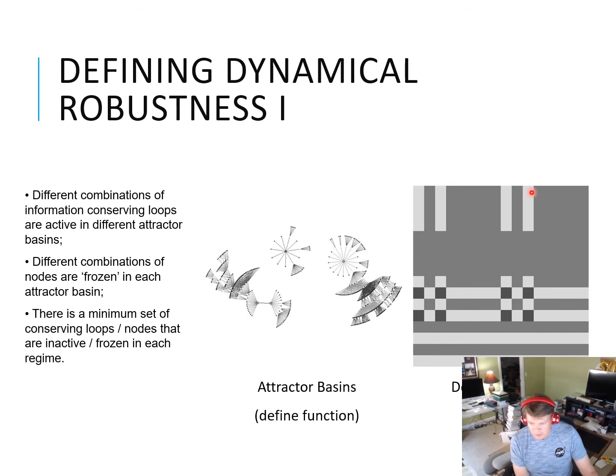So this square here represents every configuration of this particular network, and each point has been colored depending on which attractor the network would finally end up on if you started at this point. So we have 3 attractors, we have 3 colors.